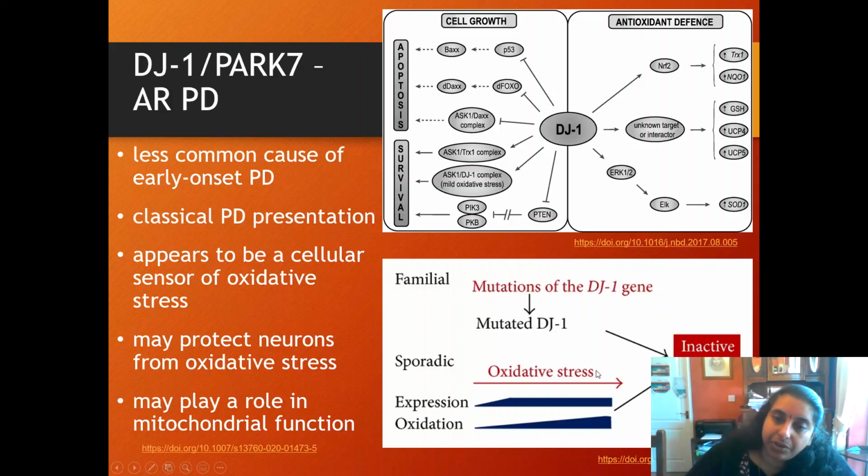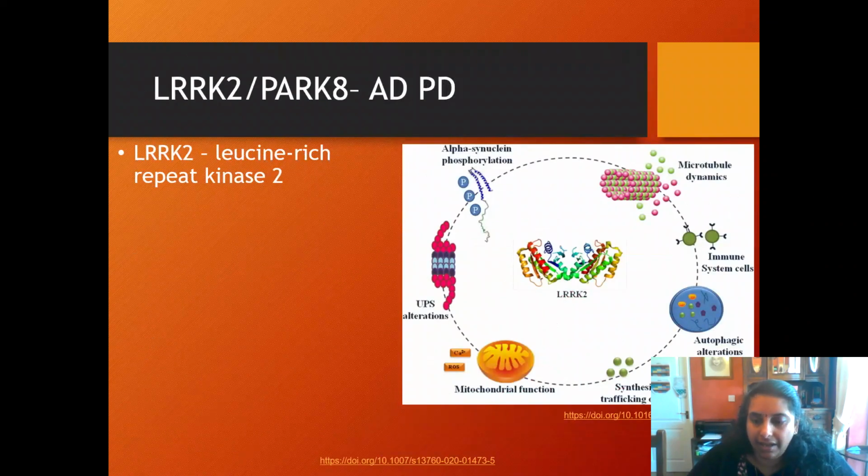But actually, like we were talking about with PINK1 and Parkin, in sporadic cases, it does actually show that oxidative stress can itself inactivate DJ1 as well. And so once it's inactivated, then you get this vicious cycle of decreased active protein and more oxidative stress.